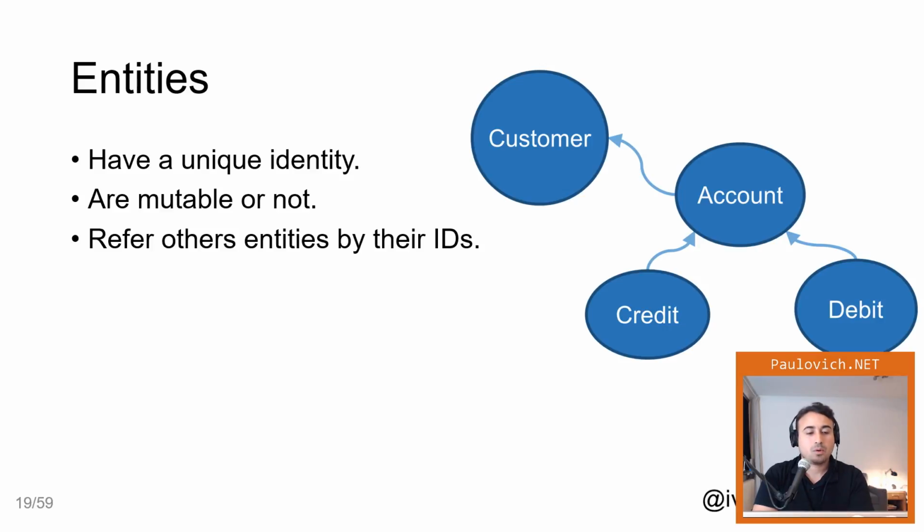They are mutable or not, and they refer to other entities by their IDs. So this is the basics of an entity. I think everyone has developed something that uses entities.